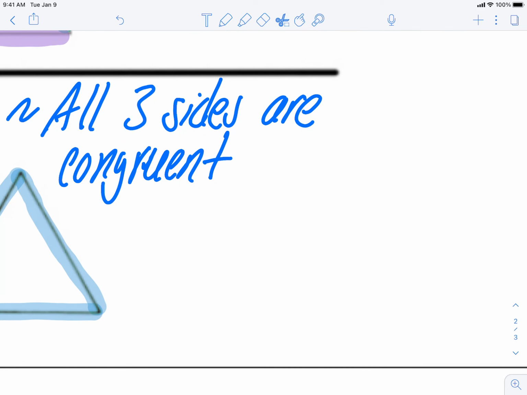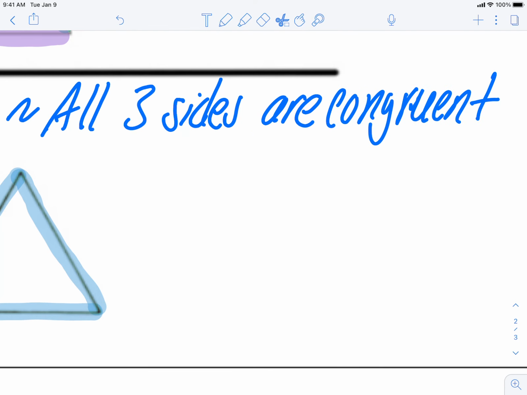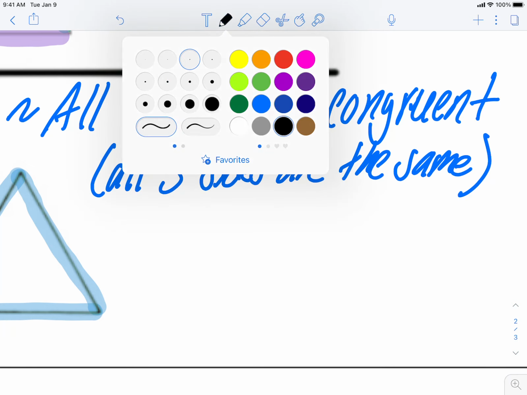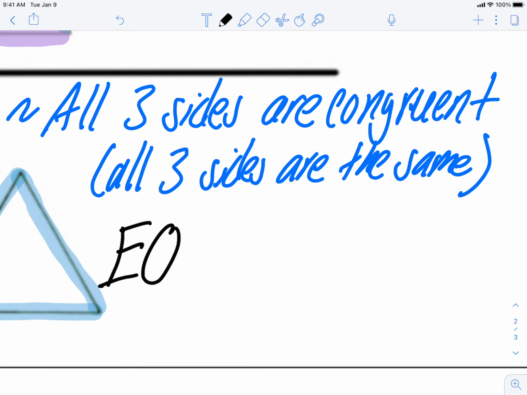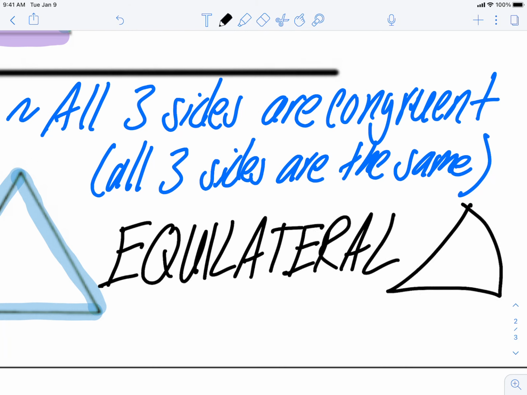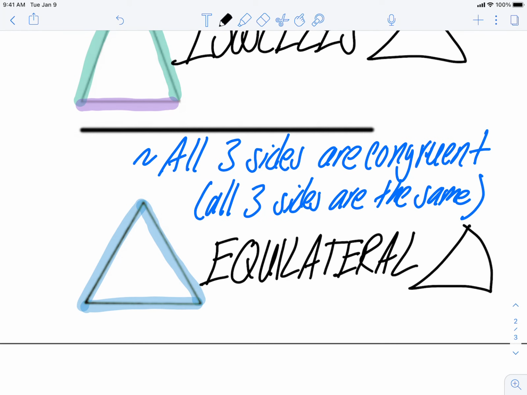What does that mean? All three sides are congruent means all three sides are the same, and this is what we call an equilateral triangle. An equilateral triangle. All three sides are the same.